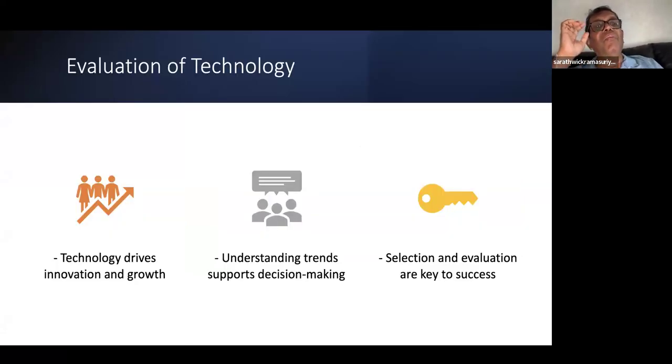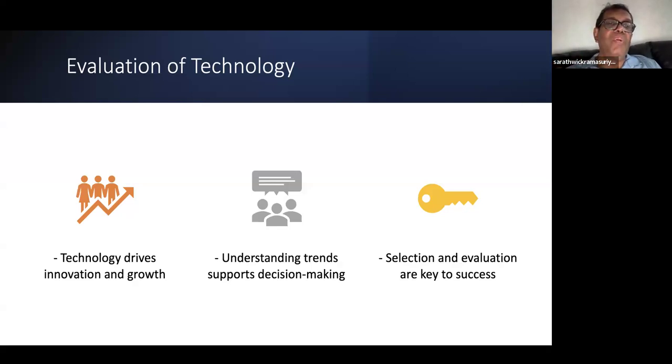Now we have to understand the evaluation of technology. Because I am always telling, we have a technology, and now we will introduce a new technology, a full replacement. So what do we have to do?